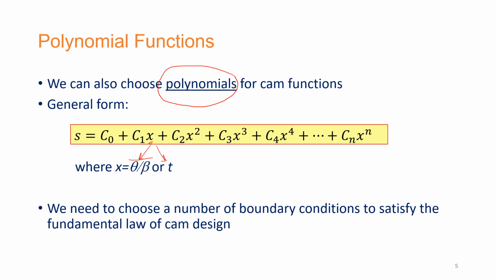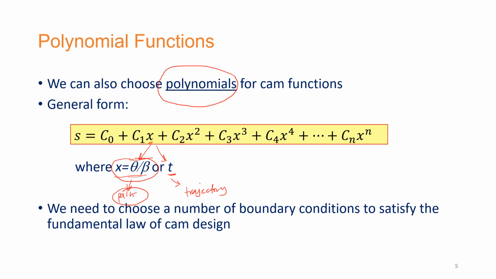or alternatively this may correspond to t. So when the path is important, then you choose this, and when the trajectory is important, then you choose generally time dependency. But in this case, we are only focusing on paths, so that's why we're going to restrict ourselves to choosing this as the x.